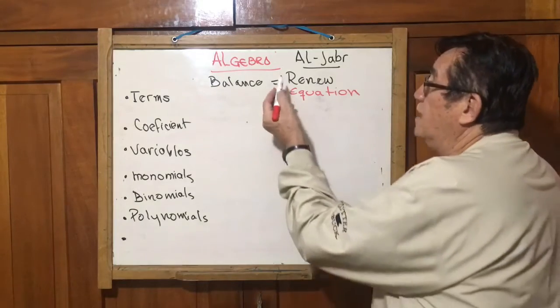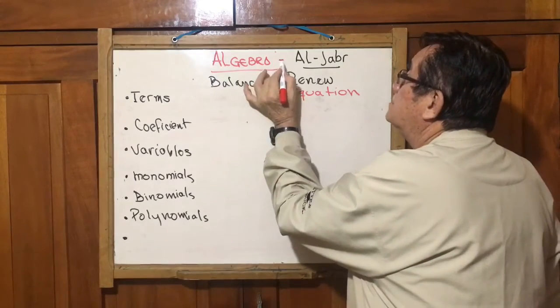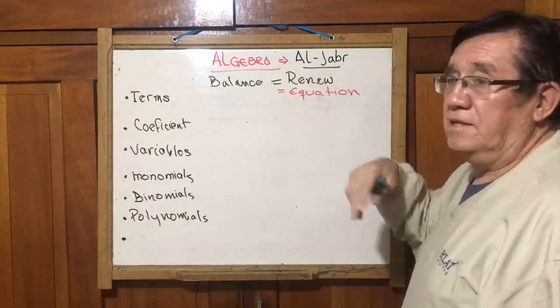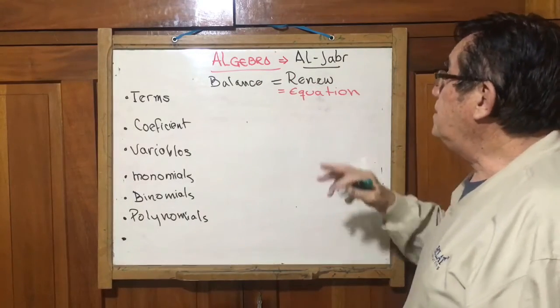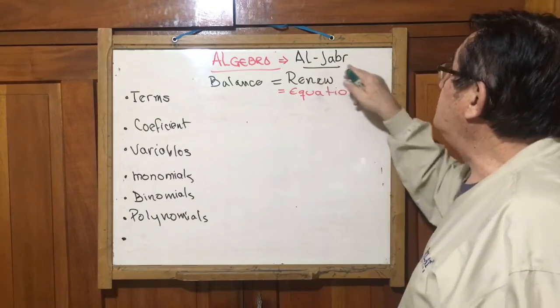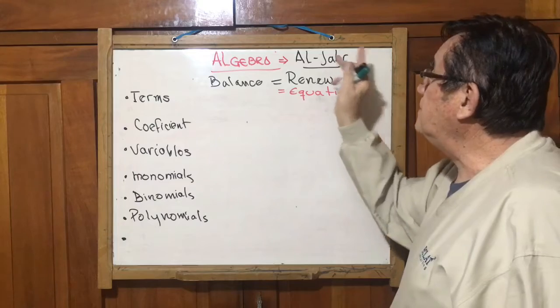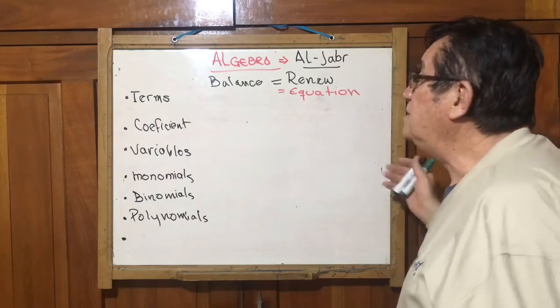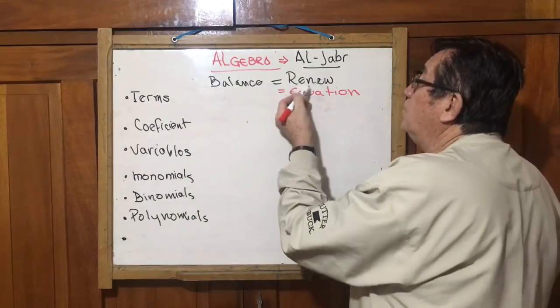Algebra was discovered by a guy from the Arab world, and this science was called algebra. Okay, what does that mean? It means balance and renew.